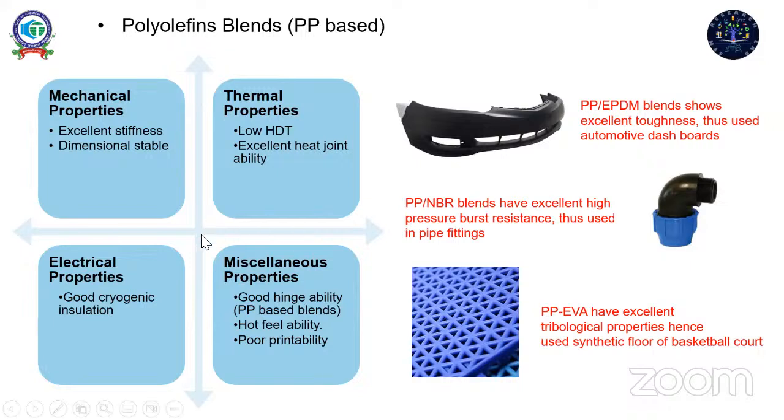Okay, so such kind of disadvantage might occur in case of polypropylene based blends. And these PP blends are mixed with EPDM, ethylene propylene diene monomer, to achieve excellent toughness, due to which it can again be used in automotive dashboards.